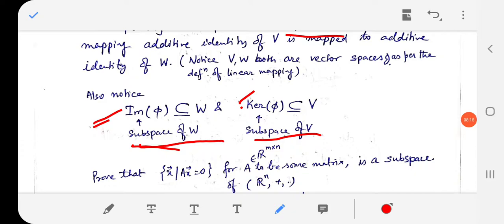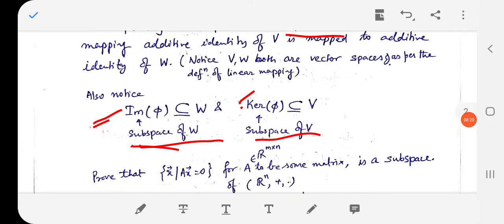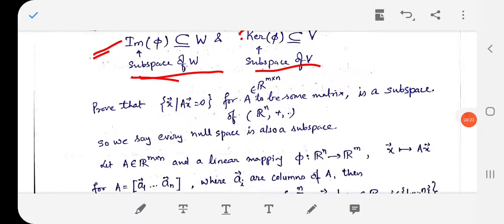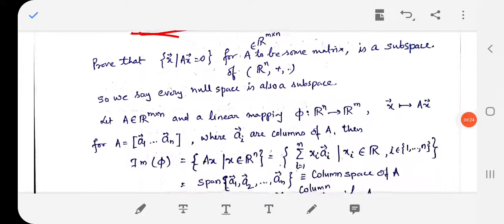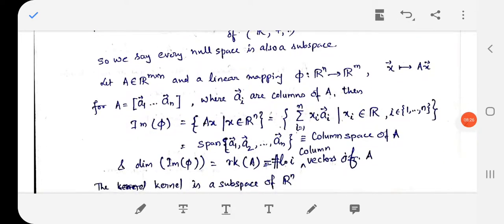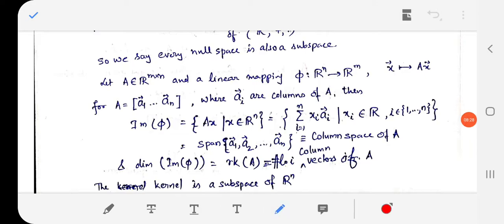Now the image of phi is directly dependent on the linearly independent columns of A. Let us suppose that this is the transformation matrix corresponding to the linear mapping, right?